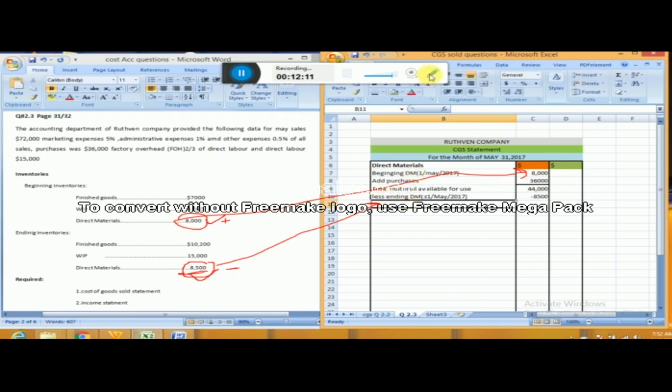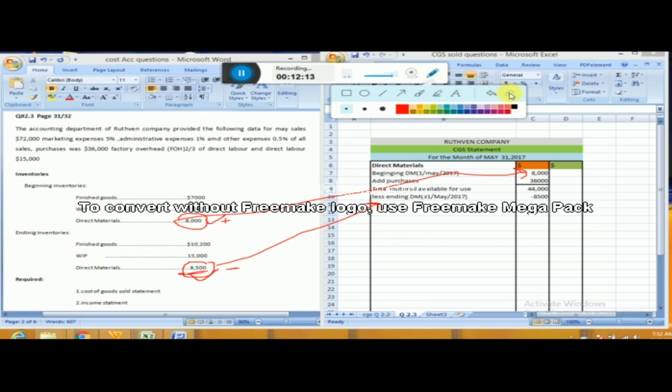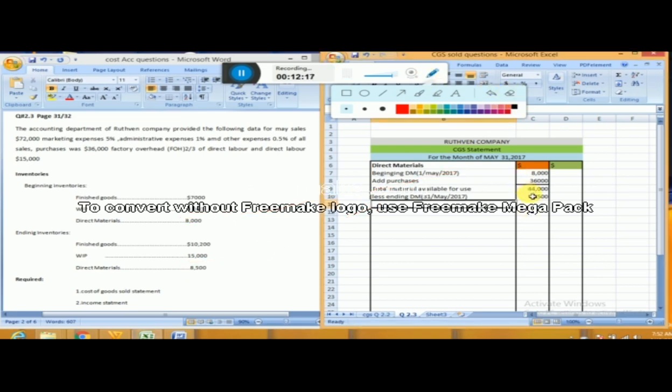So look at total materials, that was 44,000. But today is the end of the month. Now when we checked, only the 8,500 material was left. Of the 44,000 material, only 8,500 material is left.